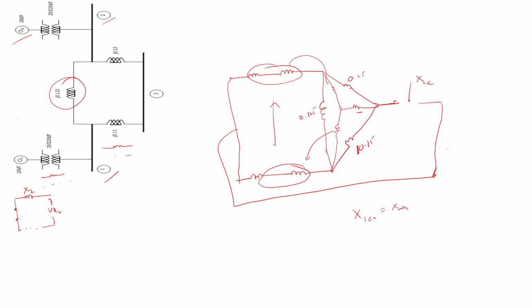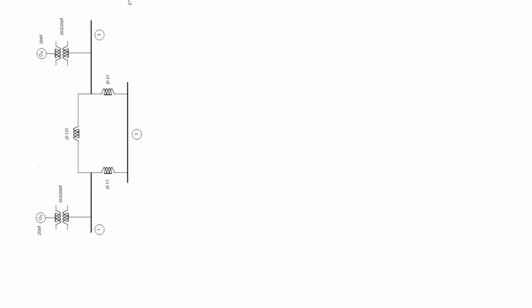Now we want to draw the zero sequence network. This is our given power system network. Now the zero sequence diagram of a generator: the internal impedance is 0, and this is the neutral reactance, and this is the internal impedance. This is 3. That means here the reference is ground, that is a solid line.